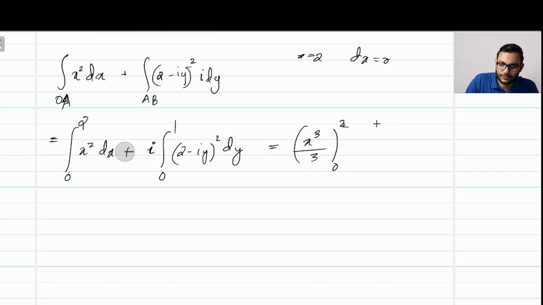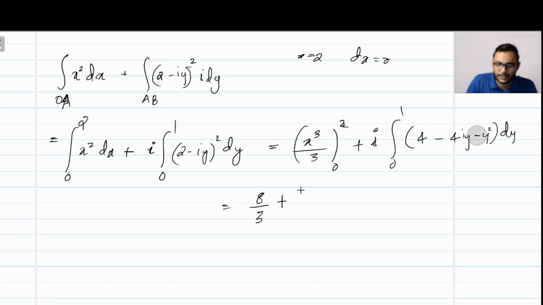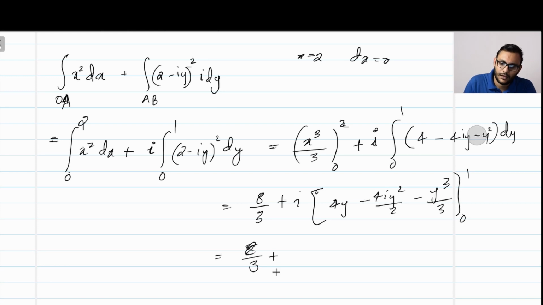For simplicity, we can expand it, plus i into the integral from 0 to 1 of 4 minus 4iy plus i square y square, so minus y square dy, which is given by x cube, 2 cube is 8, so 8 by 3 plus i times the integration of 4, which is 4y, minus 4i into y square by 2 minus y cube by 3 to the limit 0 to 1, which is given by 8 by 3 plus i times 4 minus 1 square is 1, 4 by 2 is 2, minus 2i minus 1 cube is 1 by 3.